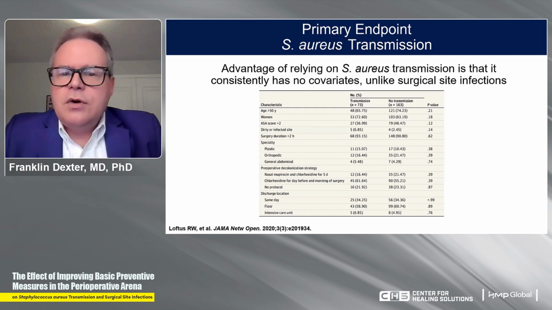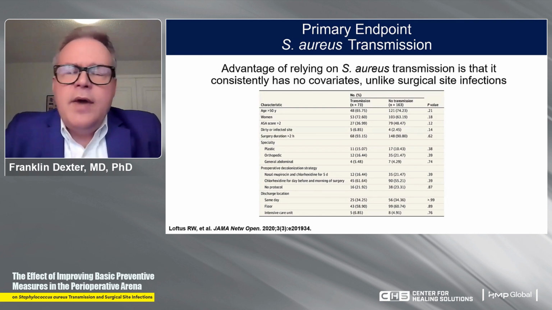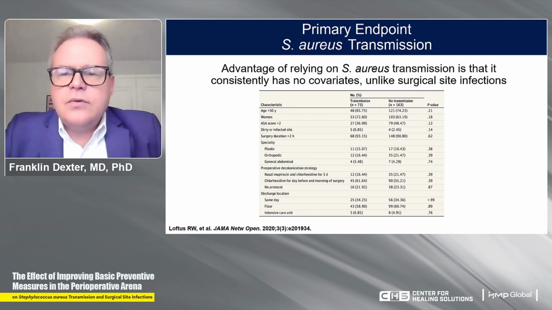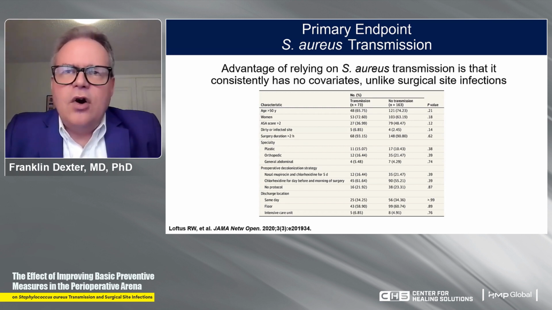Whether the surgery took considerable time differs among patients. These are not small differences. These are differences of a case taking 2 hours versus 6 hours. That again is related to the underlying procedure. It's not something that you can control for the hospital. And so the problem is that evaluating surgical site infection depends on rigorous control of these and other covariates. And yet none of these matter for Staph aureus transmission.